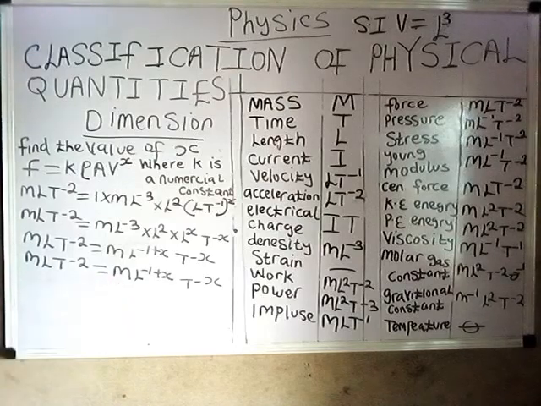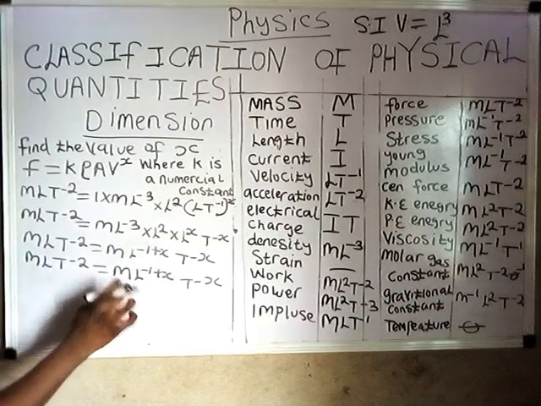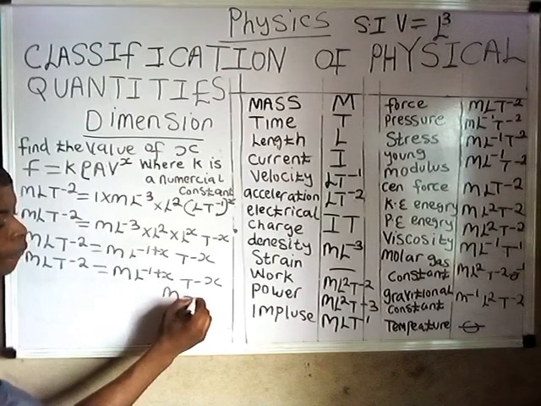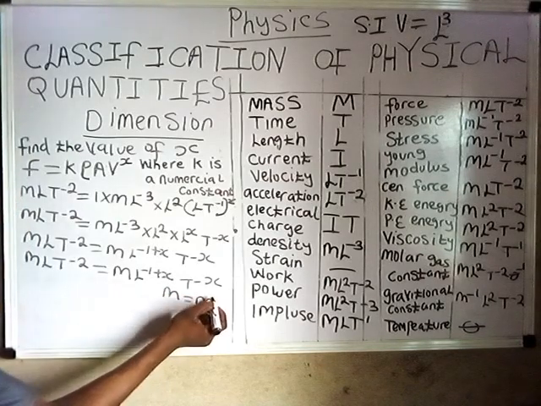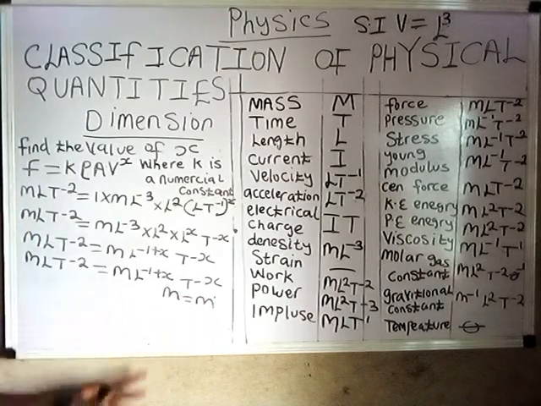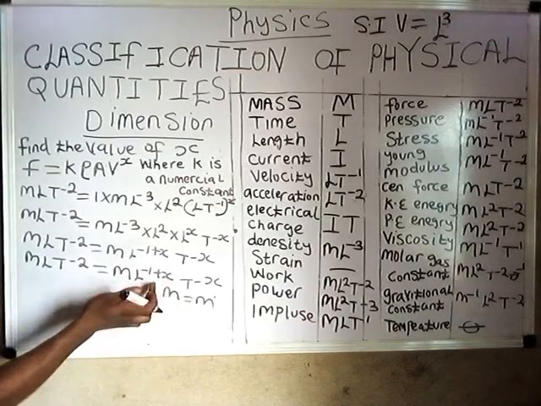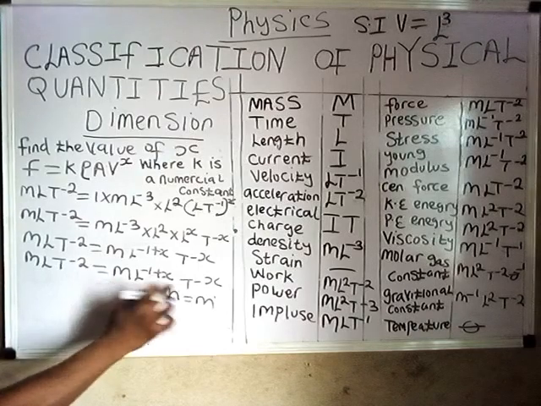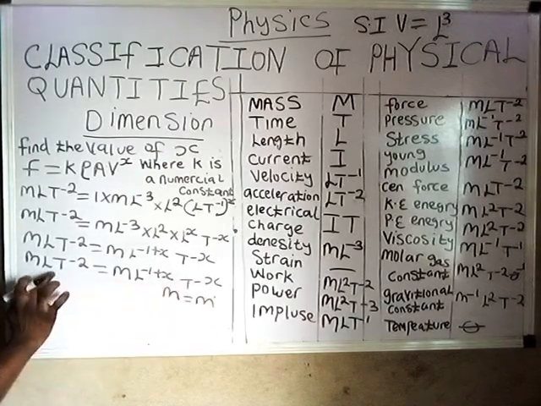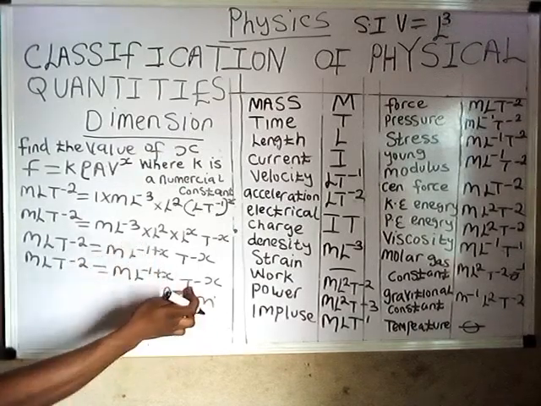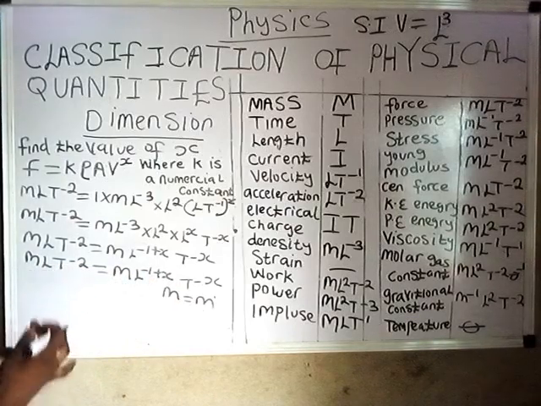So let's compare. There's M here, there's M here, so M equals M. The invisible one is here, the invisible one is here, but it has no effect in this case. So we will look for x. What carries x is L and T. If we solve for length, we will get x, and if we solve for T, we will get x. We will get the same answer.